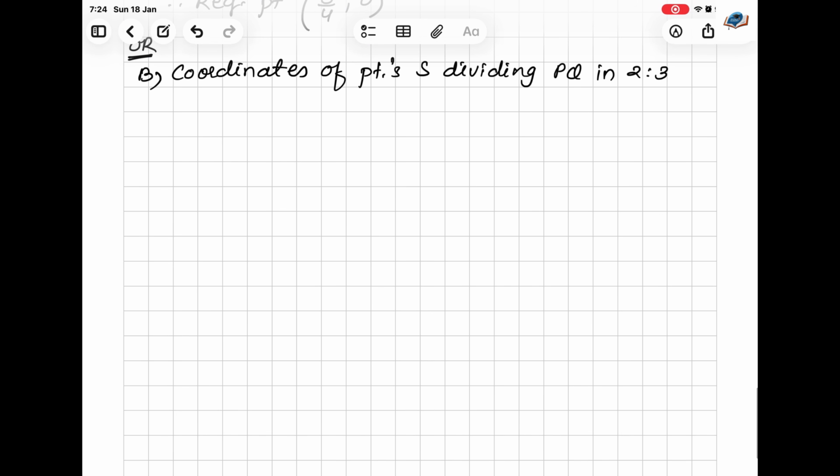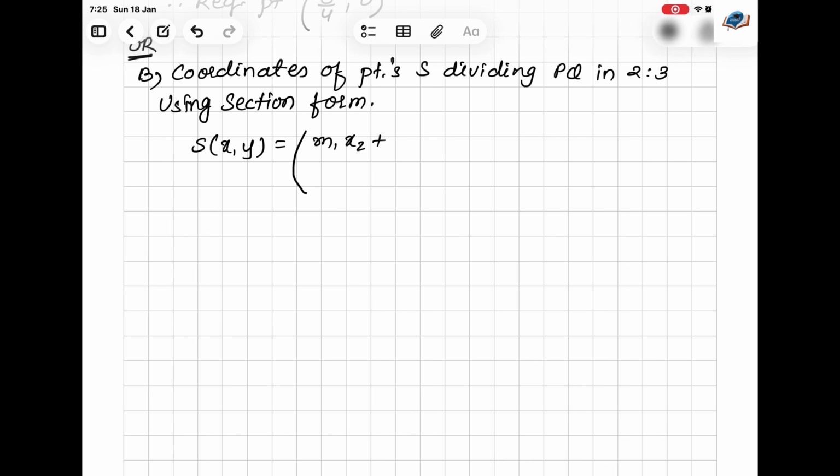So using section formula, S x comma y will be equal to m1 x2 plus m2 x1 upon m1 plus m2, comma m1 y2 plus m2 y1 upon m1 plus m2.